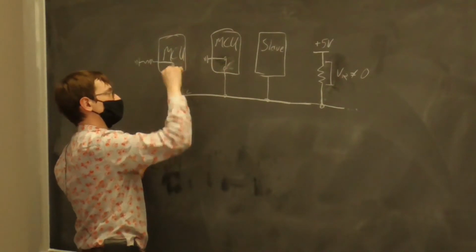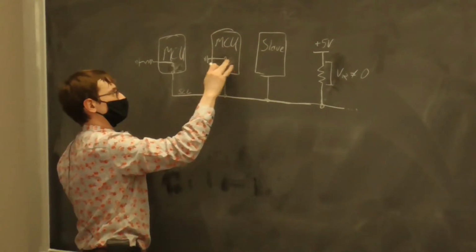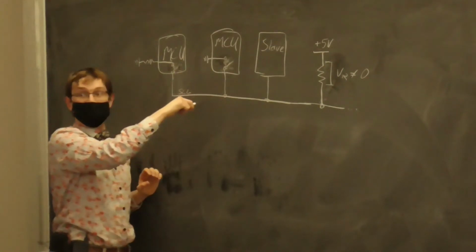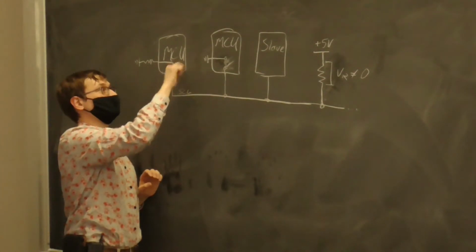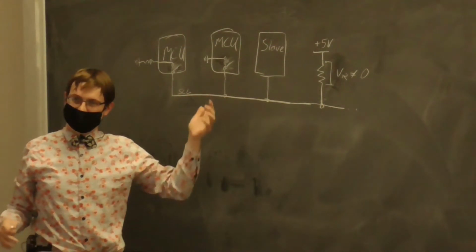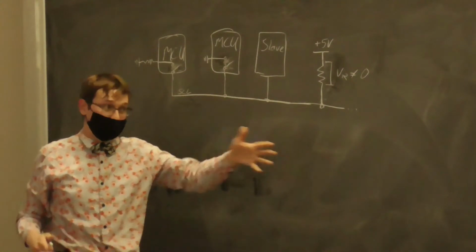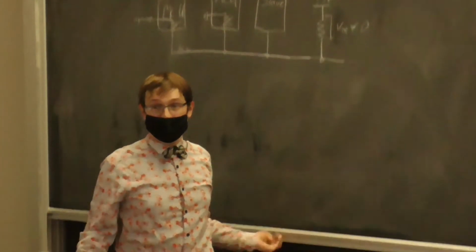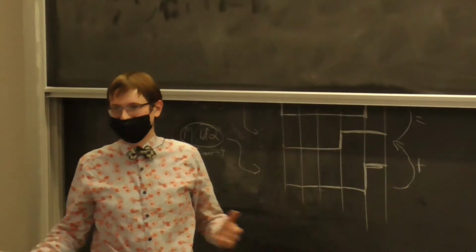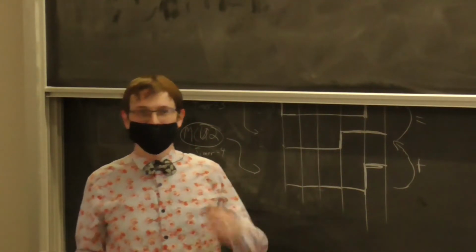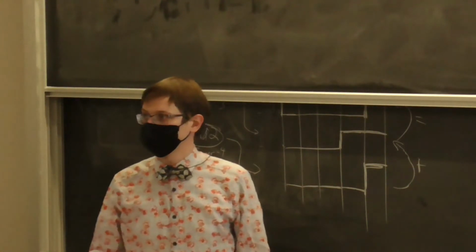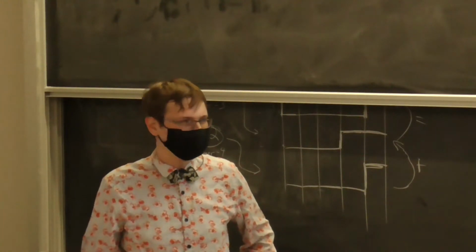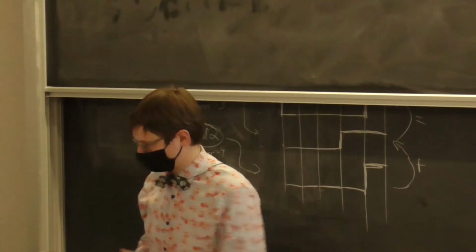If both are closed, then it's low. If that one's open and this one's closed, it's low. In the other case, it's high. So that's why it looks like bitwise AND, because it is. Make sense? Hopefully that was useful to people. Good.